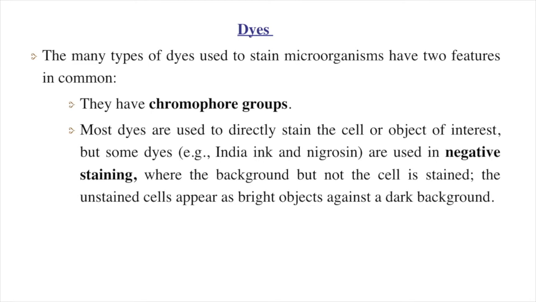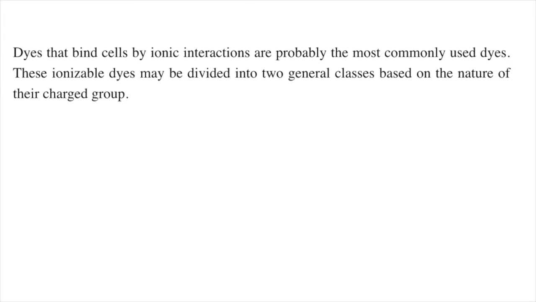The cells are unstained. The dyes that bind cells by ionic interactions are probably the most commonly used dyes. I already told you that the chromophore groups bind with ionic, covalent or hydrophobic bond interactions. So normally the dyes that bind by means of ionic interactions are the most commonly used.